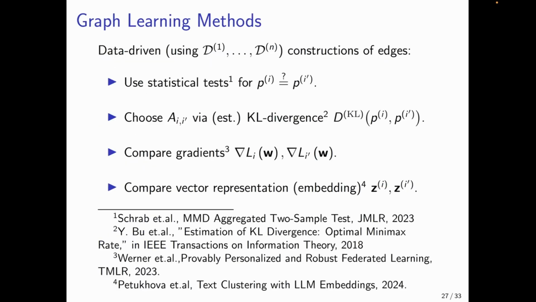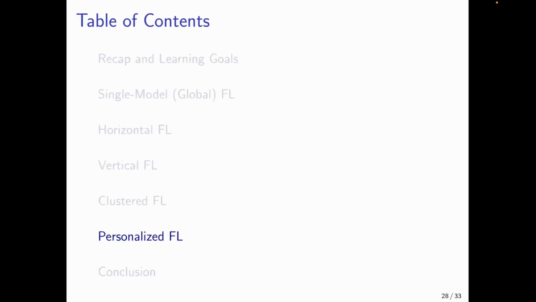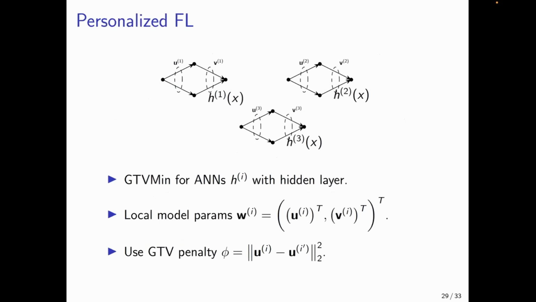Okay, in the interest of time, I will now very briefly go over the last one, which is personalized federated learning. In personalized federated learning, we allow each local model to be different. We do not enforce any cluster structure anymore. How do we allow them to be different? We couple only parts of the local models.